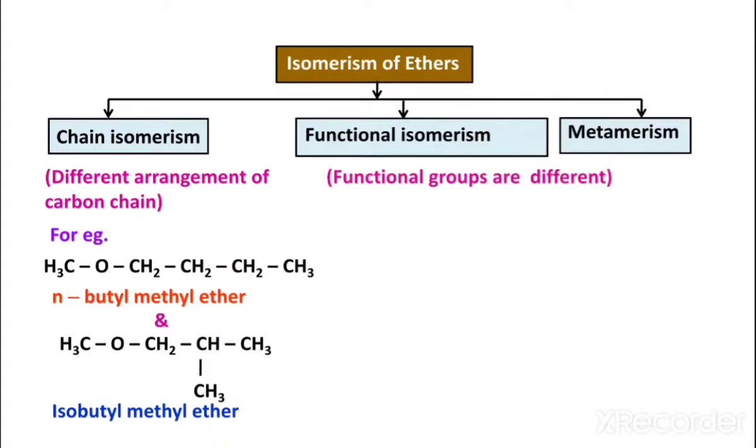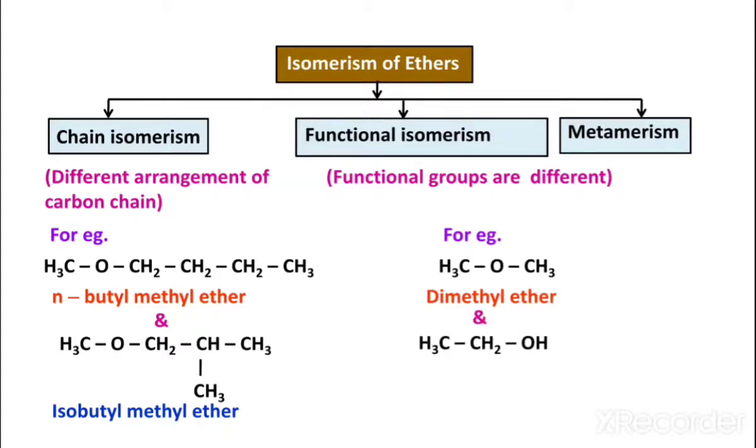Now then functional isomerism. In case of functional isomerism, the functional groups are different. For example, this is dimethyl ether and ethanol. That means here the functional group is ether and here the functional group is alcohol. That means in case of functional isomerism, the functional groups are different.